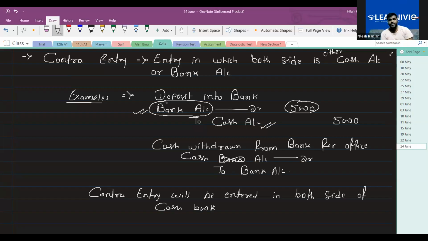If there is a cash and discount column, then it will not be recorded on both sides. It will be recorded on only one side. So if there is a cash and bank column in the double column cash book, then contra entry will be recorded on both sides.